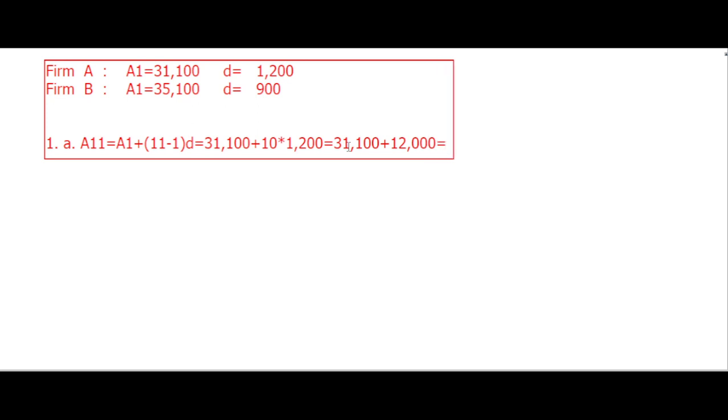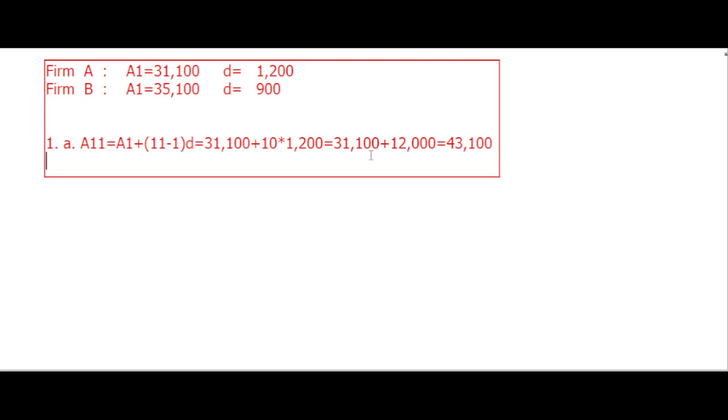Let's add this: 31,100 plus 12,000 which is equal to 43,100. This is the solution for question number A.